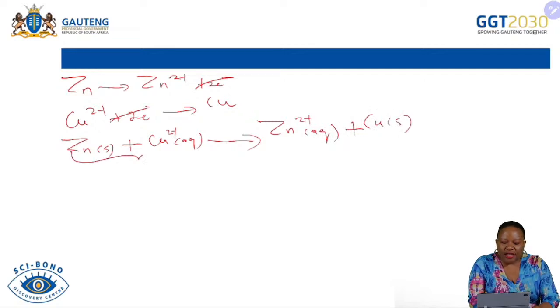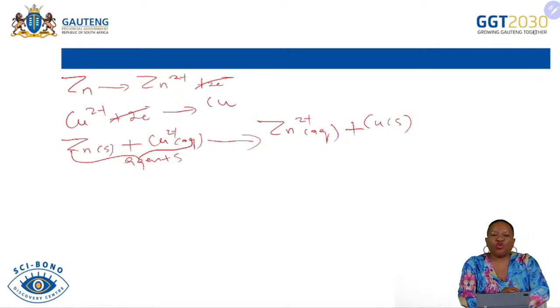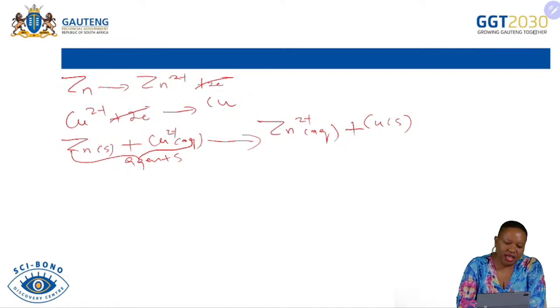So remember, these are our agents. These are our reactants. Now we need to see between zinc and copper 2 plus, which one is being reduced, which one is being oxidized, or which one's oxidation number is increased.